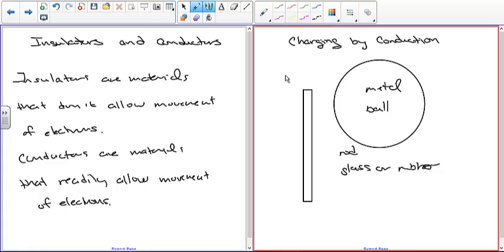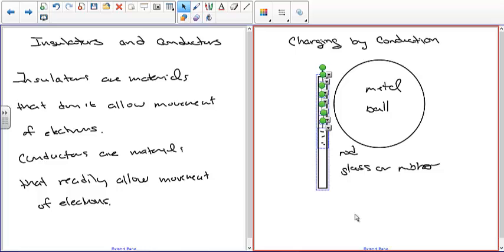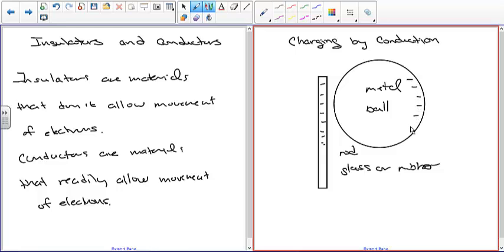Okay. So let's say I put some excess negative charges on here. What'll happen is I'll take this and put it near the conductor, and the negative charges here repel the electrons, so the electrons in the conductor move to the other side.